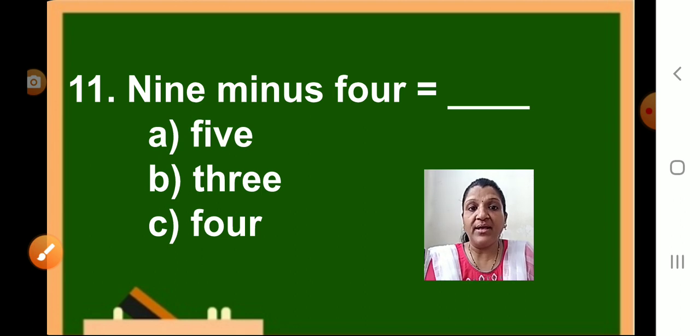Question number 11. 9 minus 4 equals to dash. Now again, here the number names are given and this is a subtraction sum. 9 minus 4 equals to dash, and given options are A, FIVE 5, B, THREE 3, or C, FOUR 4.